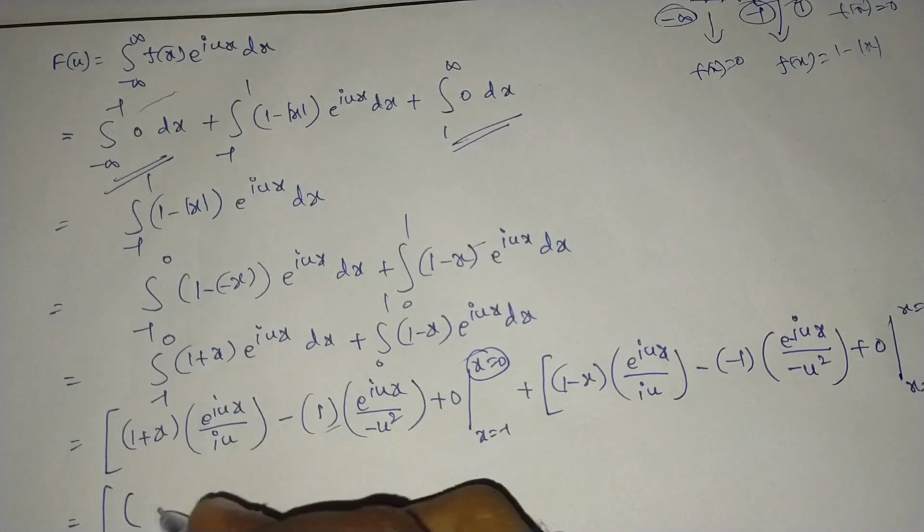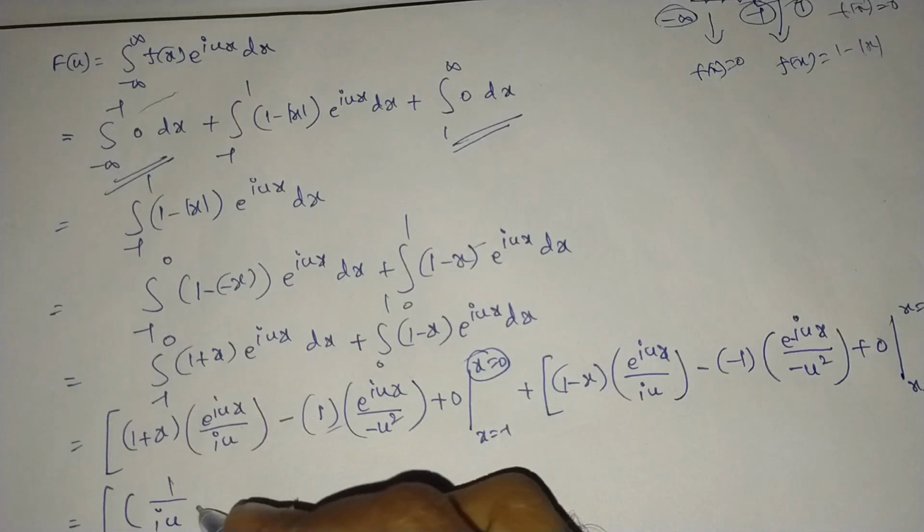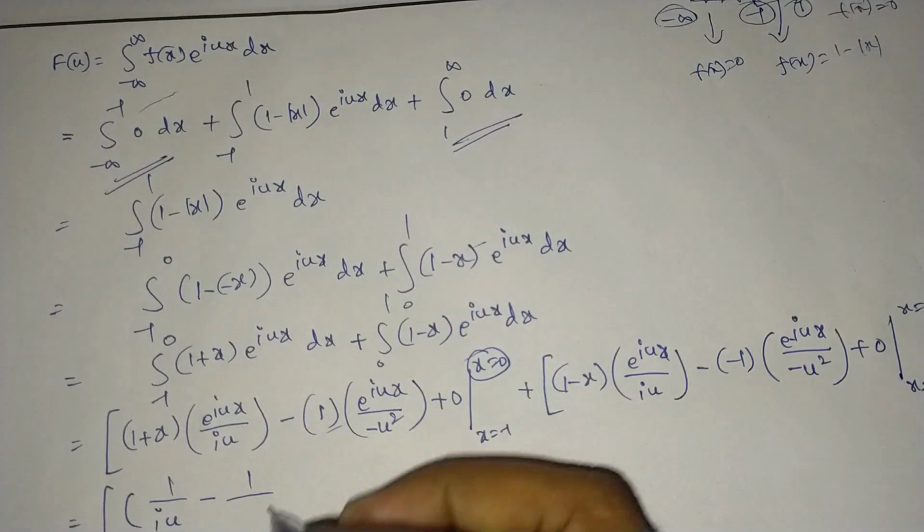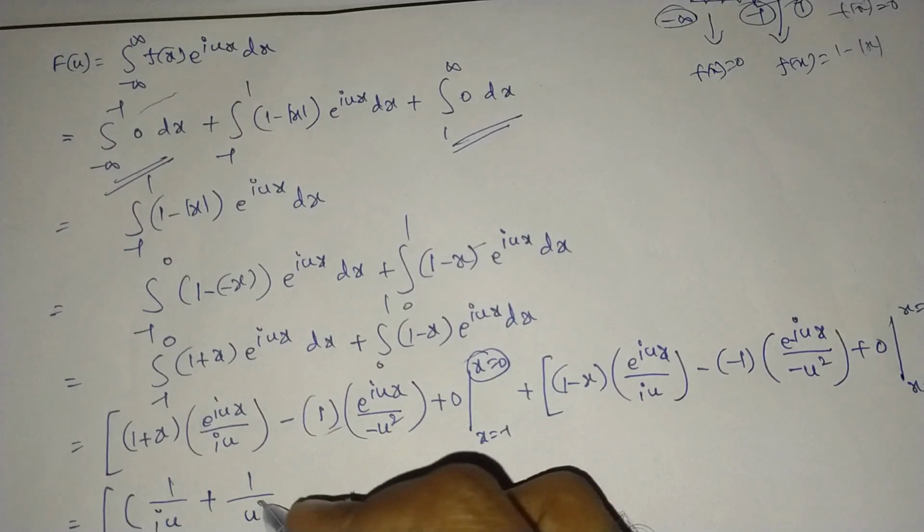So e power 0 is 1, so 1 by i into u, minus e power 0 is 1, so 1 minus into minus plus, u square.